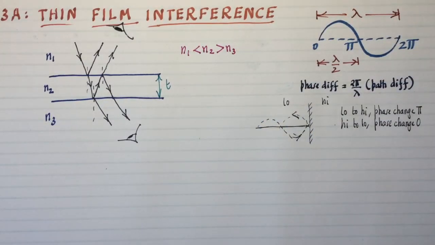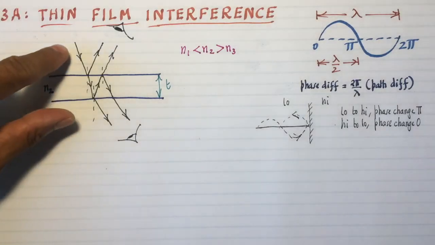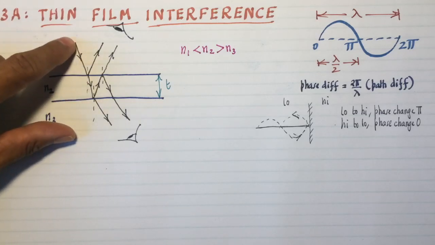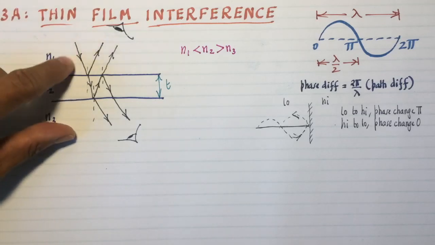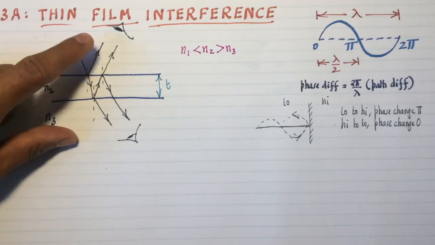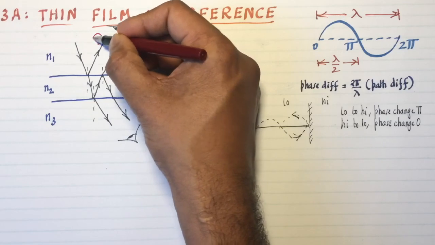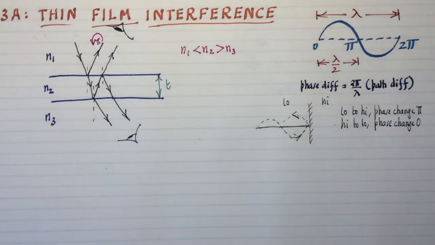Now let's look at each of these rays and study its phase change. I'll indicate phase change in a certain manner. It's going from low to high, so this is going to have a phase change of pi upon reflection. So I'll put pi here and put a mark like that.